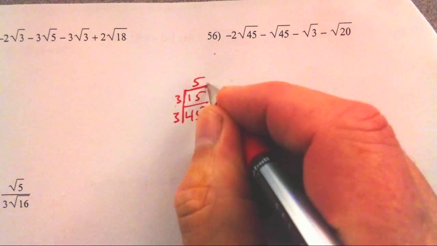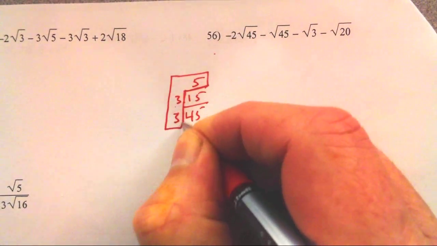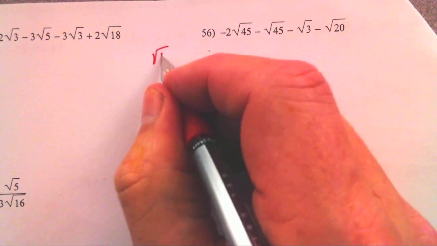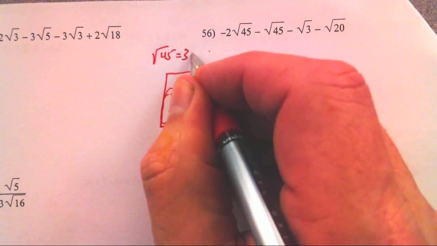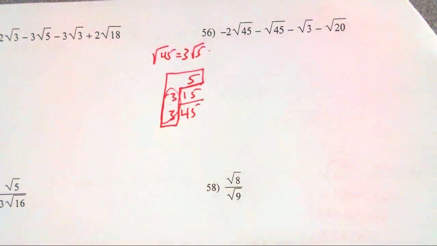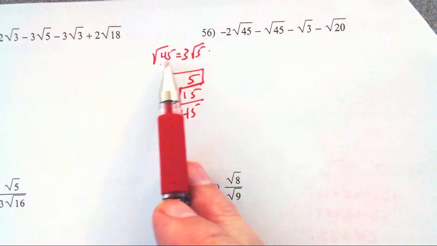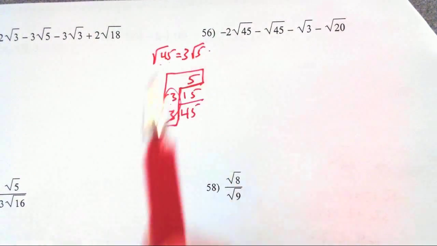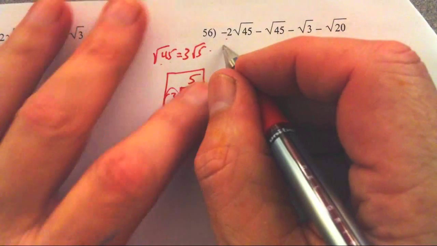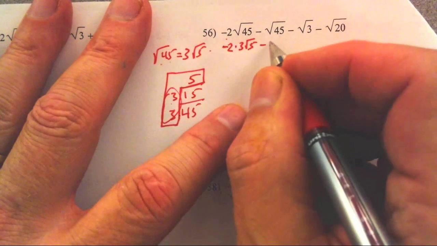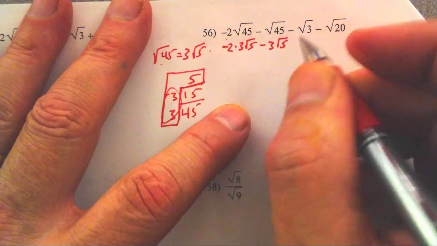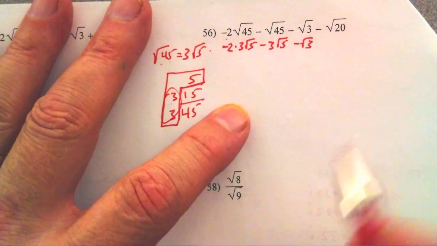And there's that hockey stick we talked about in chapter 1. Square root of 45 is 3, got a pair of them, times square root of 5. I could rewrite it as 9 times 5, square root of 9 is 3. So this is really negative 2 times 3 root 5 minus 3 root 5 minus root 3.